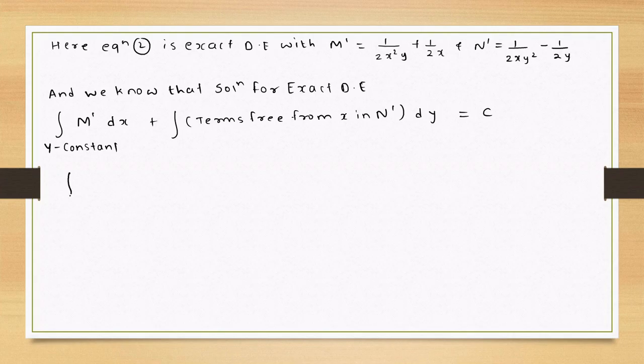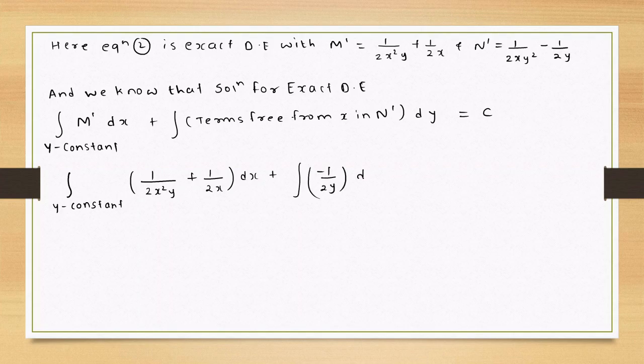So integration treating y as constant, M dash is 1 upon 2x square y plus 1 upon 2x dx, plus terms free from x in N dash. We can't take the first term because it contains x, so the term free from x in N dash is only minus 1 upon 2y. So it is minus 1 upon 2y dy is equal to c.